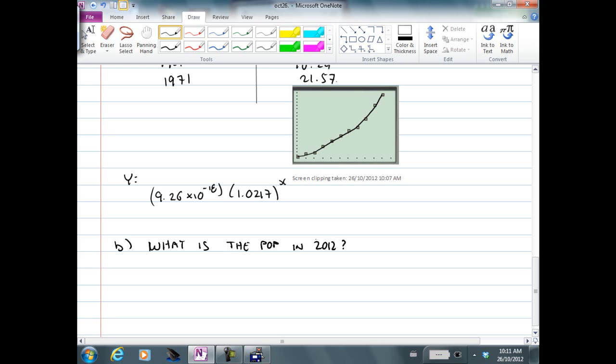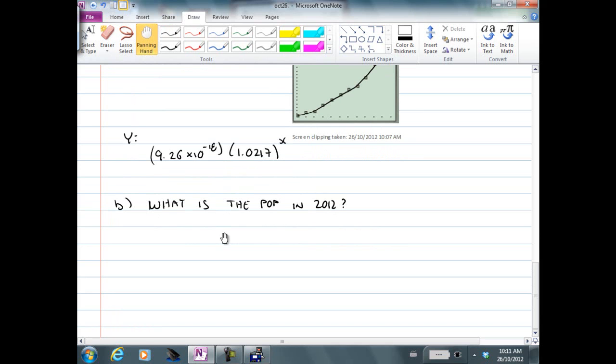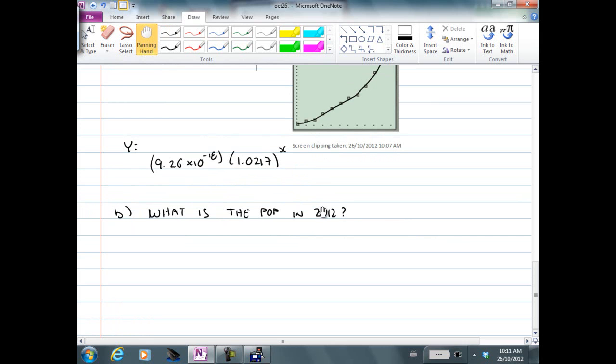Harjaz says our population is around 33 million. So guys, gals, I want to see if this model holds true. You predicted a model. Let's see if it holds true or not. So this is where everyone's work will be different depending on how you put it in your data table. For me, I'm going to just sub in 2012 for x.